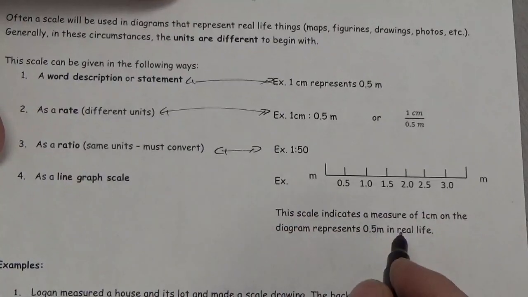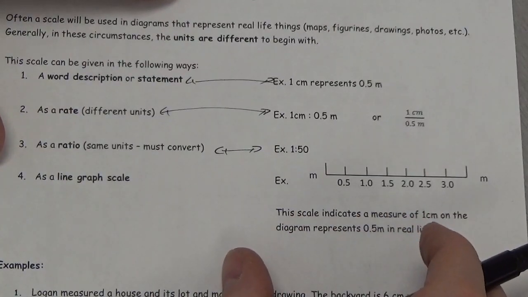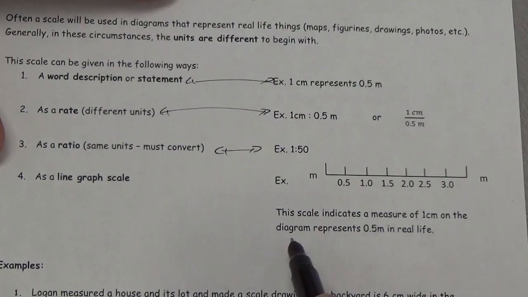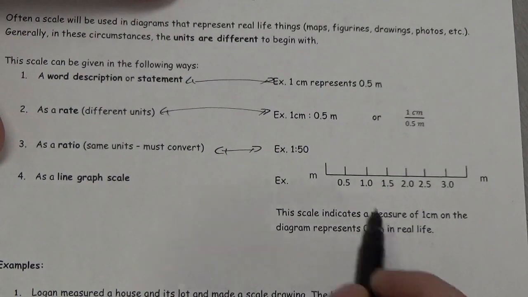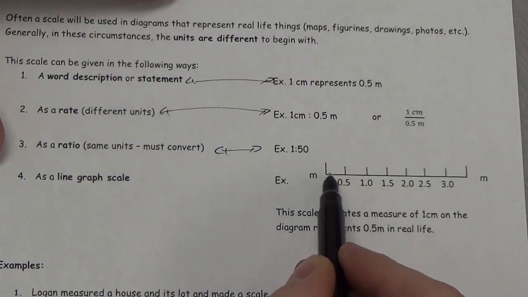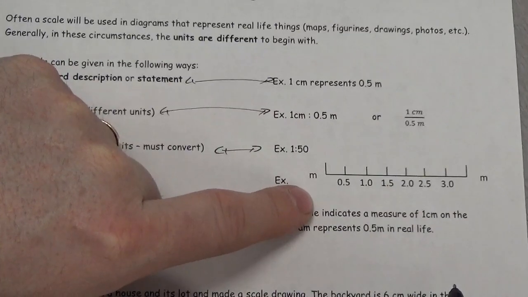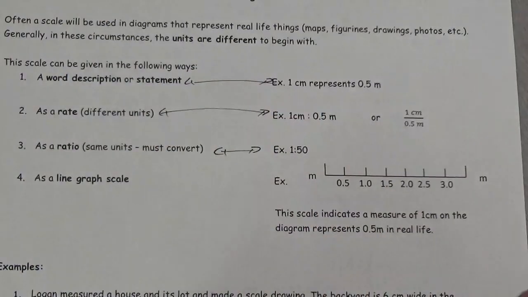Or you give it like this, and this is the one that you're probably most familiar with on maps. So this scale indicates that a measure of 1 centimeter on the diagram represents 0.5 meters in real life. So that distance right there, half a centimeter, is supposed to be interpreted as 0.5 of a meter. I'm hoping that you've seen that sort of thing before. If you've looked at Google Maps, they have that kind of scale in the corner there. Anyway, let's take a look at some examples.